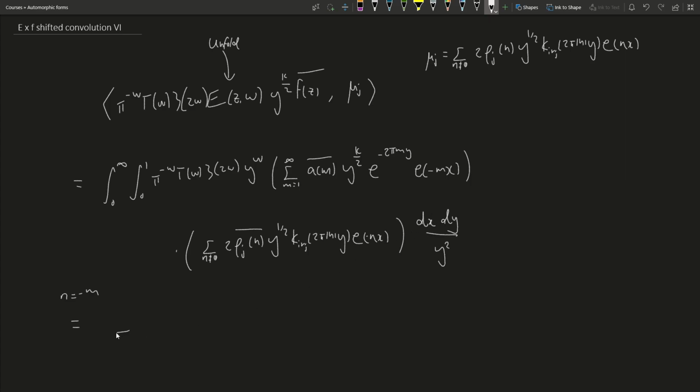So what do we end up getting? We get a sum. M goes from 1 to infinity of, so the stuff that doesn't depend on x and y, we have our completed Riemann zeta function here.